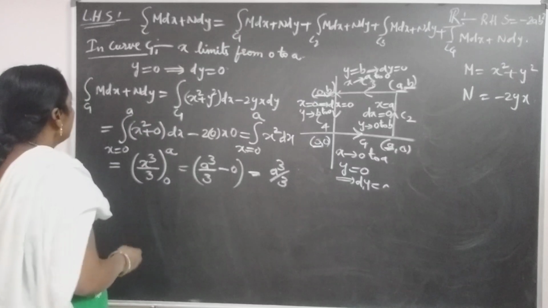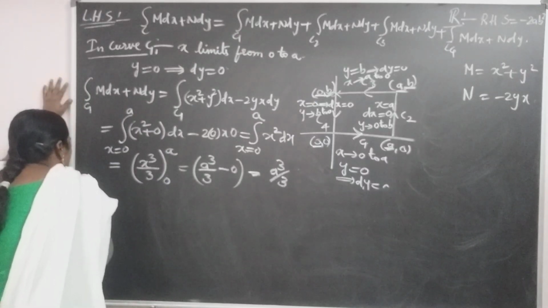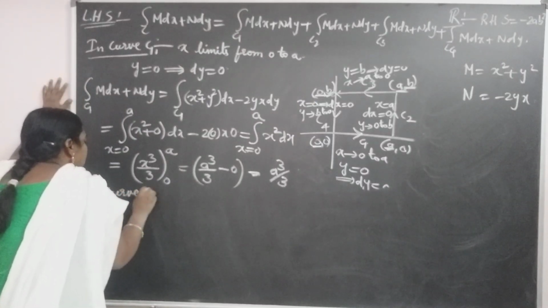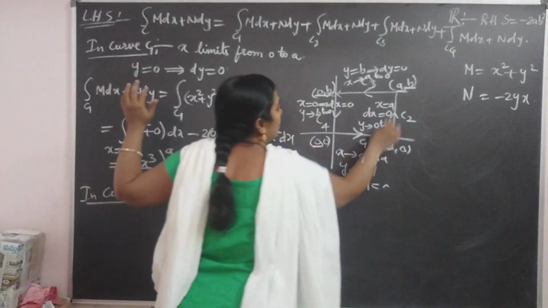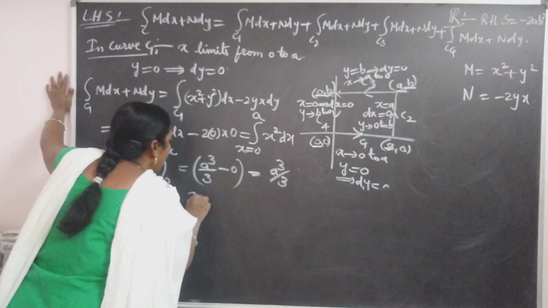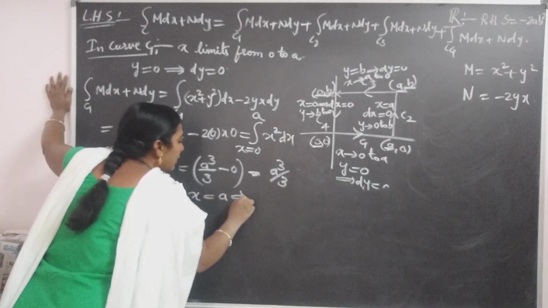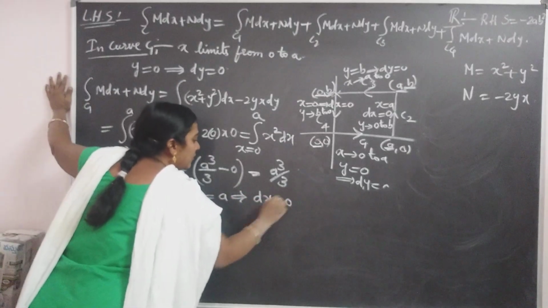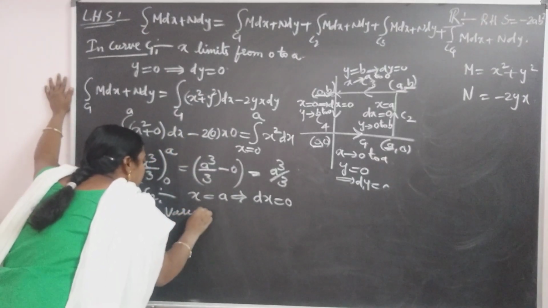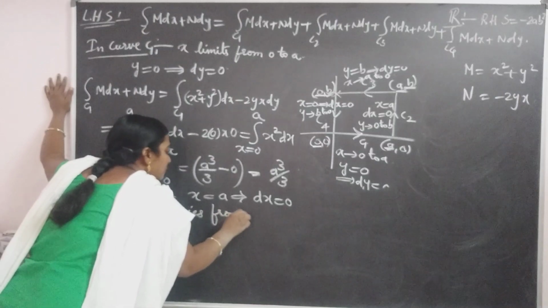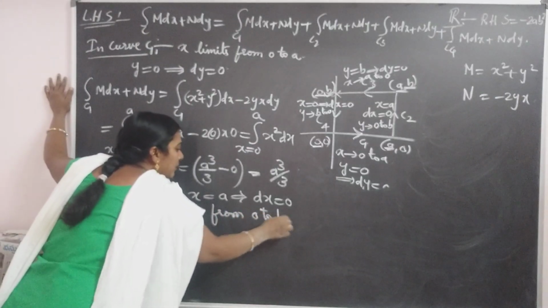This is curve C1. In curve C2, the constant variable is x equal to a, so dx equal to 0, and y varies from 0 to b.